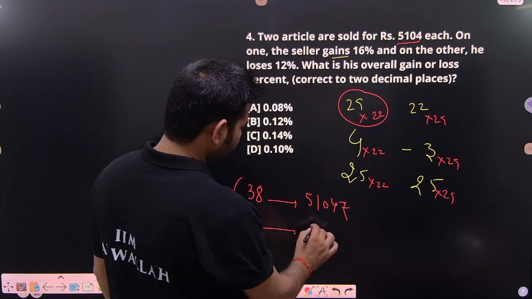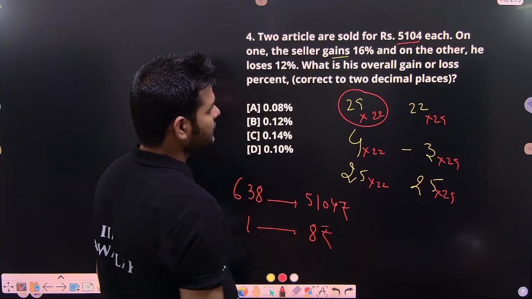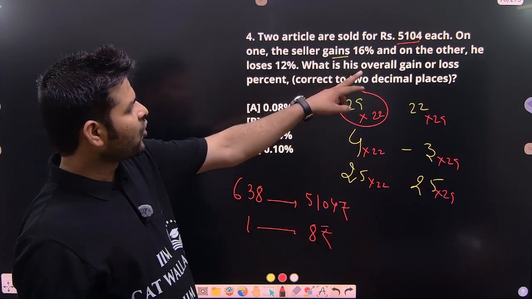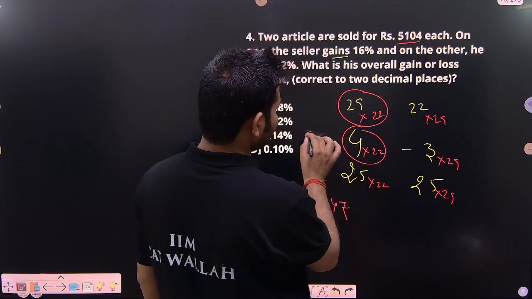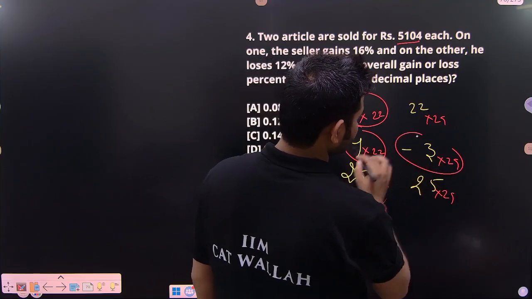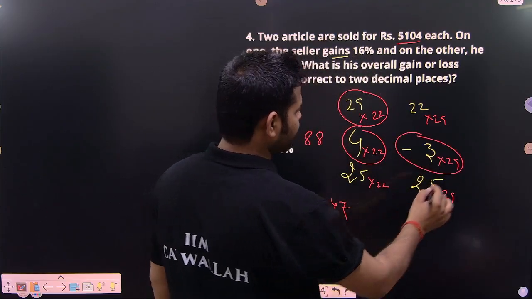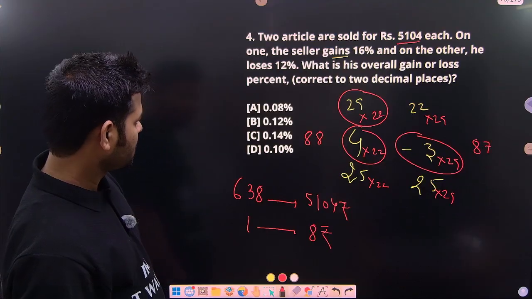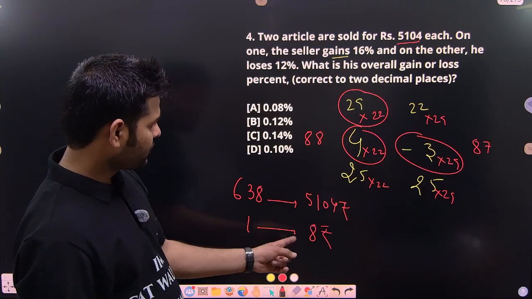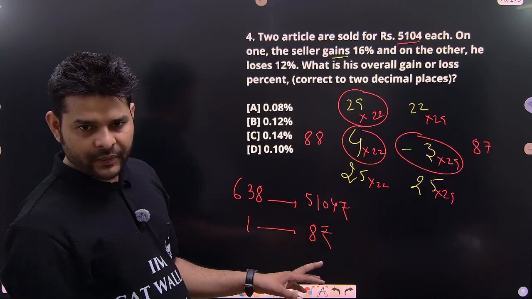So basically 1 unit will represent 8. What is his overall gain and loss? Overall gain 88, overall loss 3987. Basically 1 unit means 8 rupees.